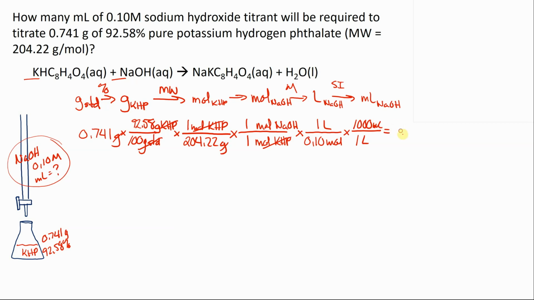And this comes out to be 33.5921 milliliters. And looking back through, I should have 2 significant figures from that concentration of the titrant right there. So 34 milliliters. So if my titrant is really 0.1 molar, I should expect to use about 34 milliliters.